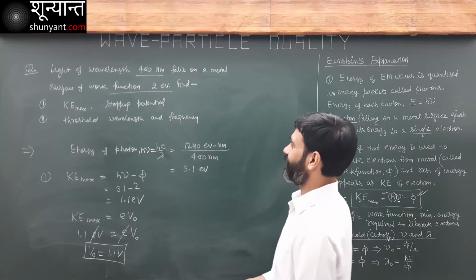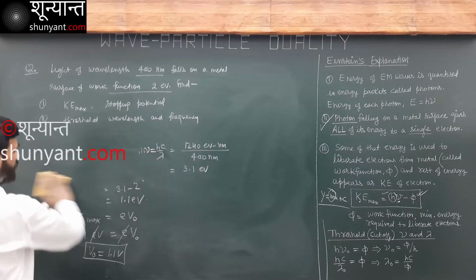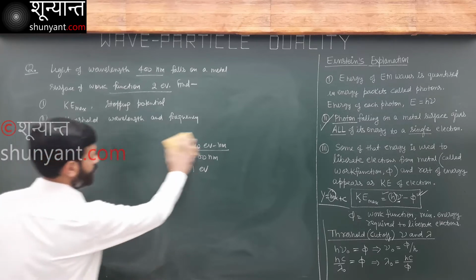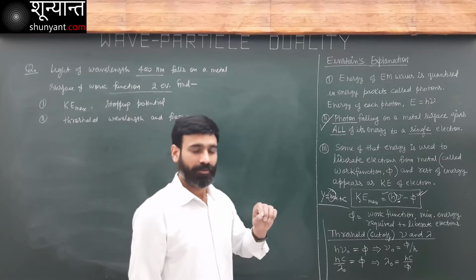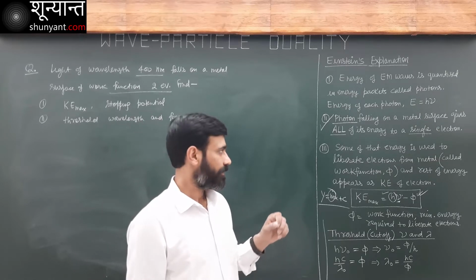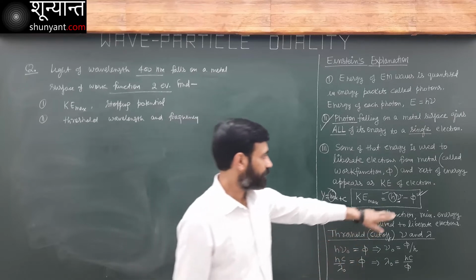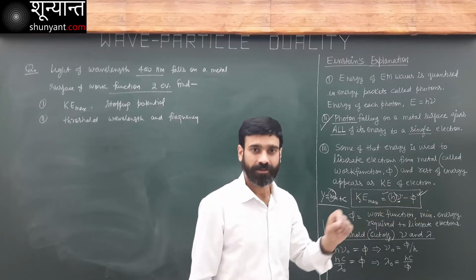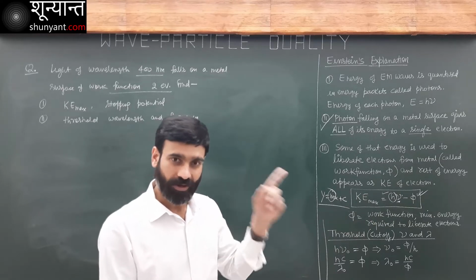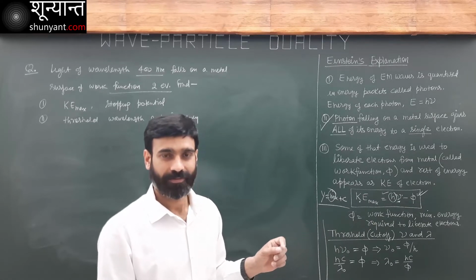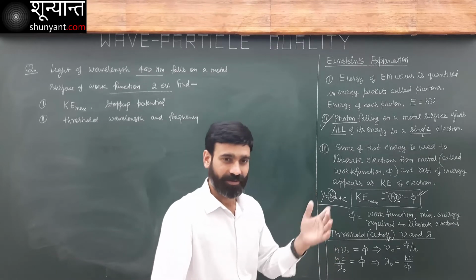Very interesting. Okay, threshold wavelength and frequency. What is the meaning of threshold? What is the minimum energy that is required to liberate the electron? It is equal to the work function. Work function is the minimum energy required to just liberate it.